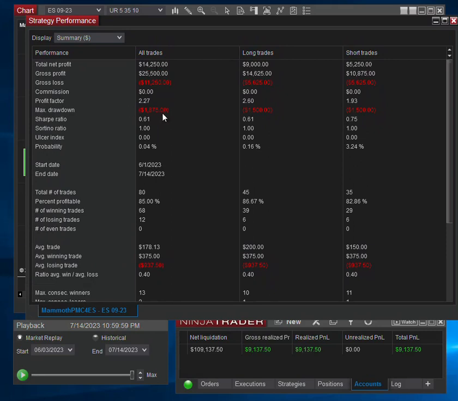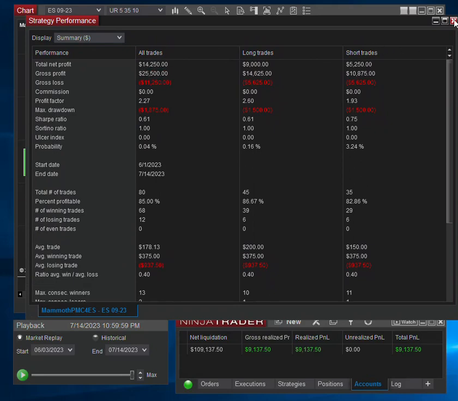But the max drawdown is your risk tolerance. Before it was 2,200, so you needed 2,500 bucks in the account in order to achieve that $10,000 in profit.